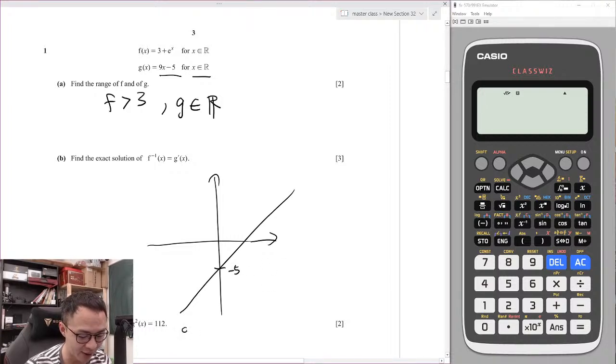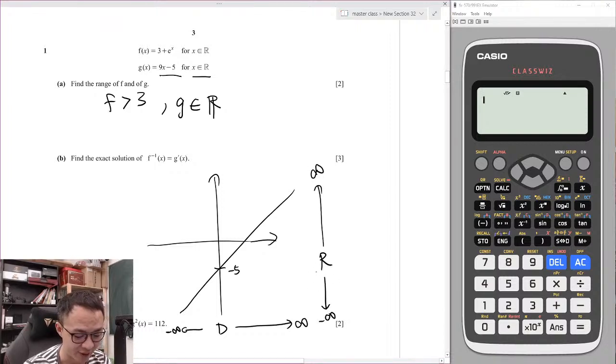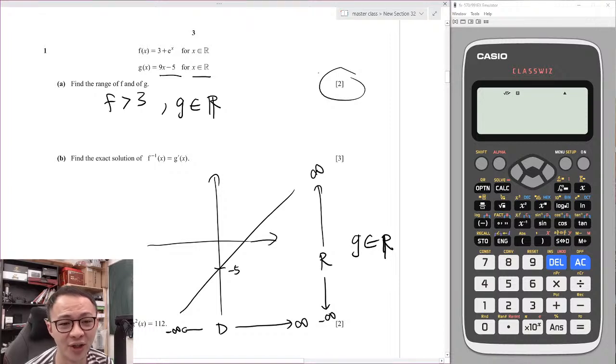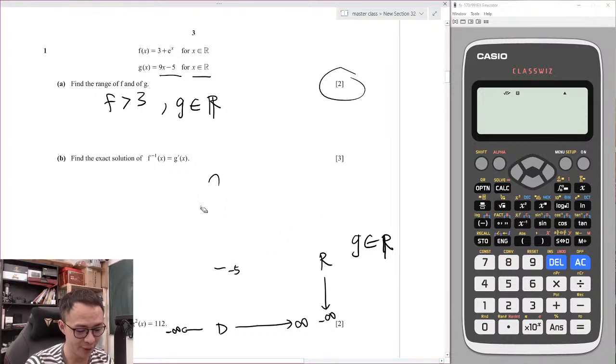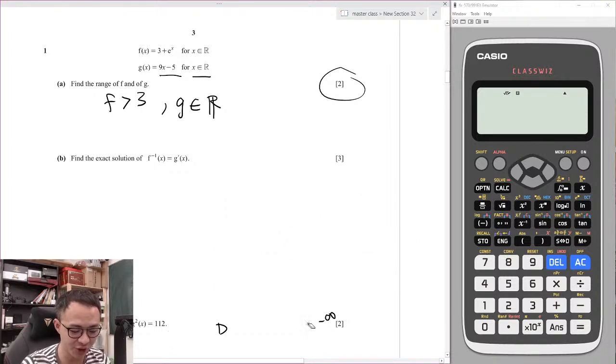The domain goes from negative infinity to positive infinity, and the range also goes from negative infinity to positive infinity. Therefore, g is also an element of the real numbers. This tests how much you understand about domain and range. This is the function chapter. 2 marks, 1 mark for each.